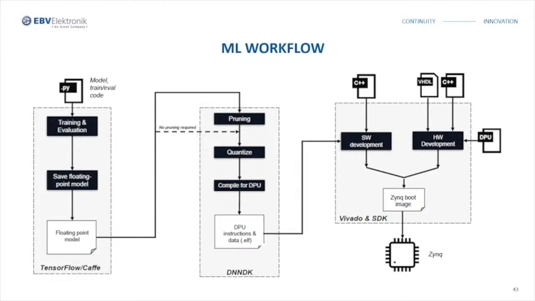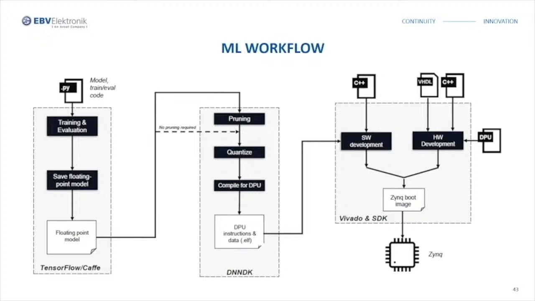For that we use 32-bit floating point data, which is supported by GPUs, and after the process of training we've got our model. We take this model and start the DNNDK flow, the Deep Neural Network Development flow from XILINX. This is in the middle.